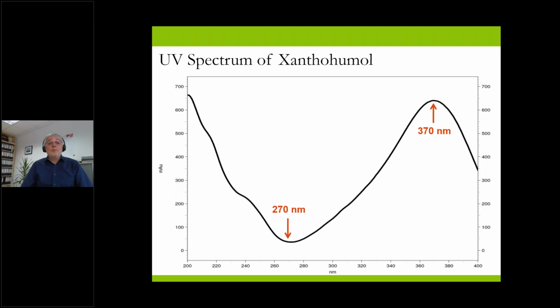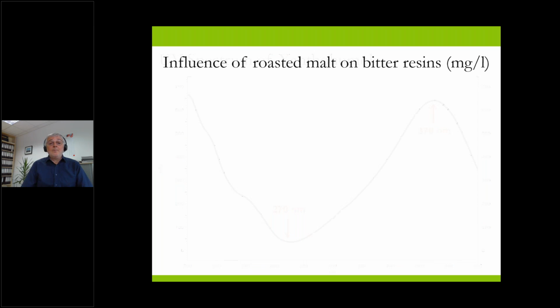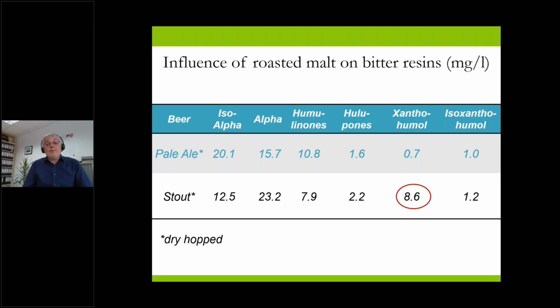If you have a look at the UV spectrum of xanthohumol, we have a minimum at 270 nanometers, but a maximum at 370 nanometers. And as I told you, the concentration of xanthohumol in this pale ale is rather low, but we know that roasted malt can have an influence on the xanthohumol content and on the content of other bitter resins.